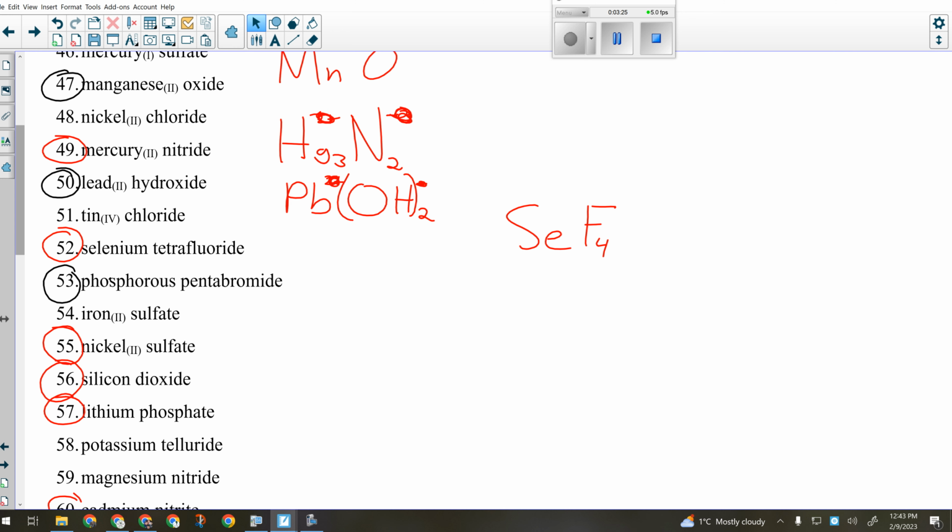What number did we get up to? I moved it up and then forgot which one. 56? Okay. So for number 53, we got phosphorus pentabromide. So again, it's 2 nonmetals. We see prefixes. That tells us it's molecular. So we got phosphorus, and it's got no prefix, so there's only one of it. Pentabromide means how many bromines? 5.